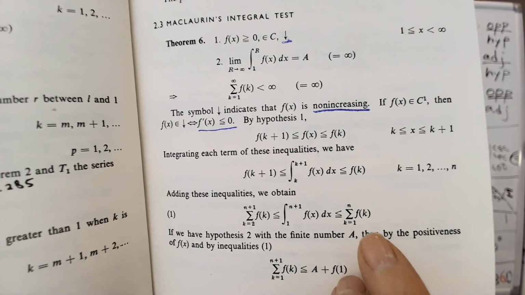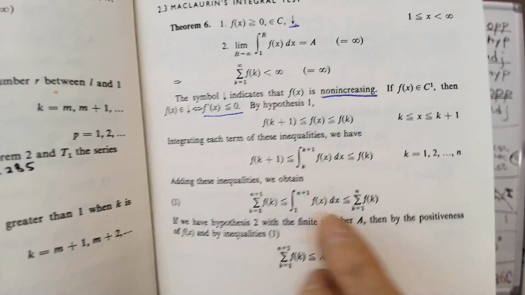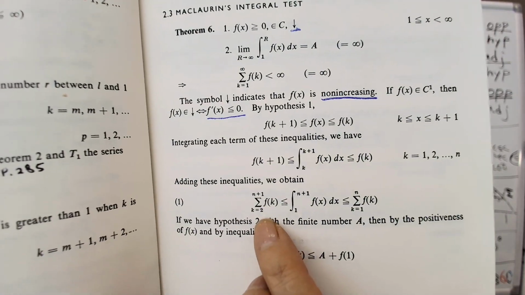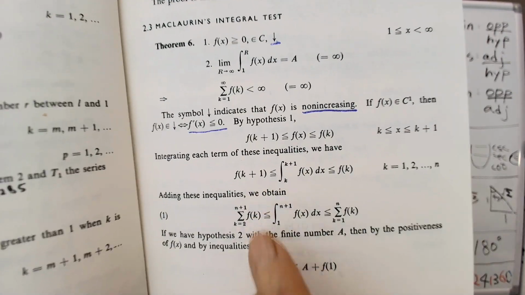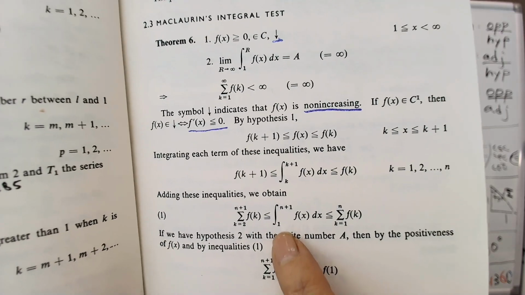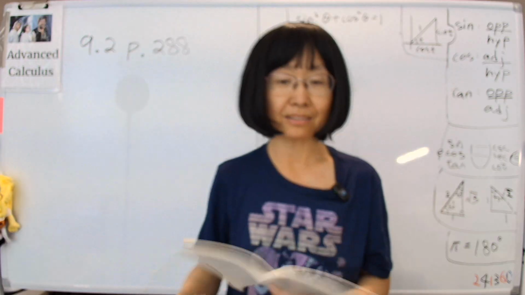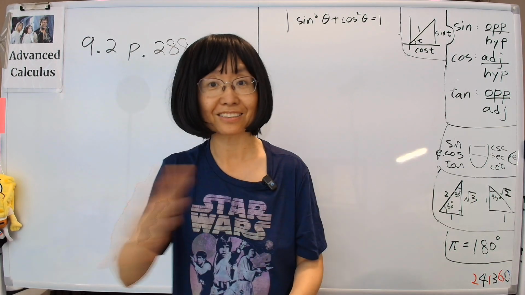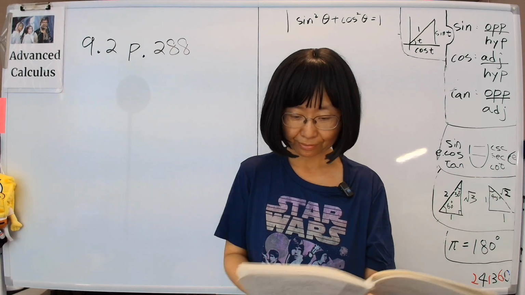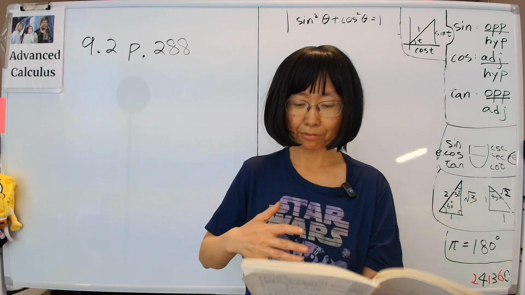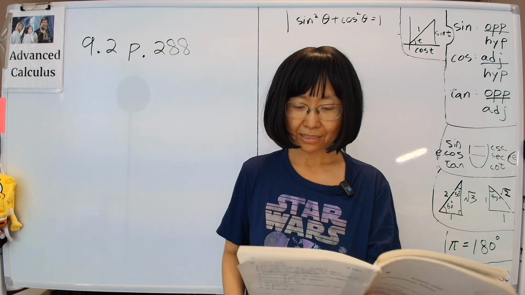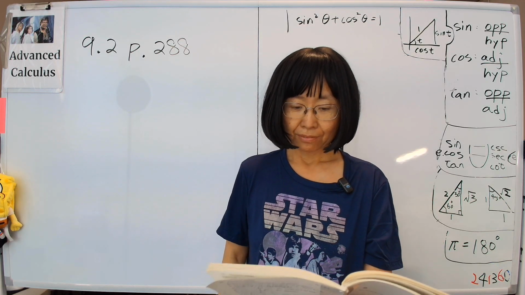This part starts counting at k equal to 1, whereas that part starts counting at k equal to 2 and ends at n plus 1. And then the integral integrates from 1 to n plus 1. So those are some details that you need to take some time to make sure it all works out. That way, we add up all these inequalities. So now we go to the next step.